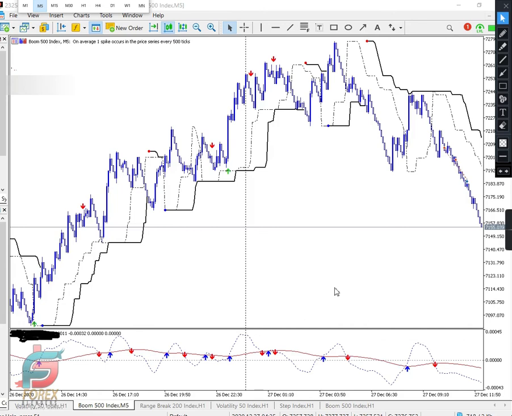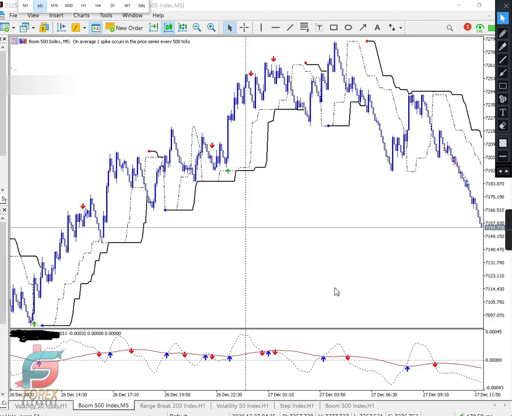Then there's another thing, you can also include martingale in your positions. For example, if you lose a previous trade, on the next trade you can increase your lot size. It's not a must, but you can increase it so that you can recover the previous loss easily.